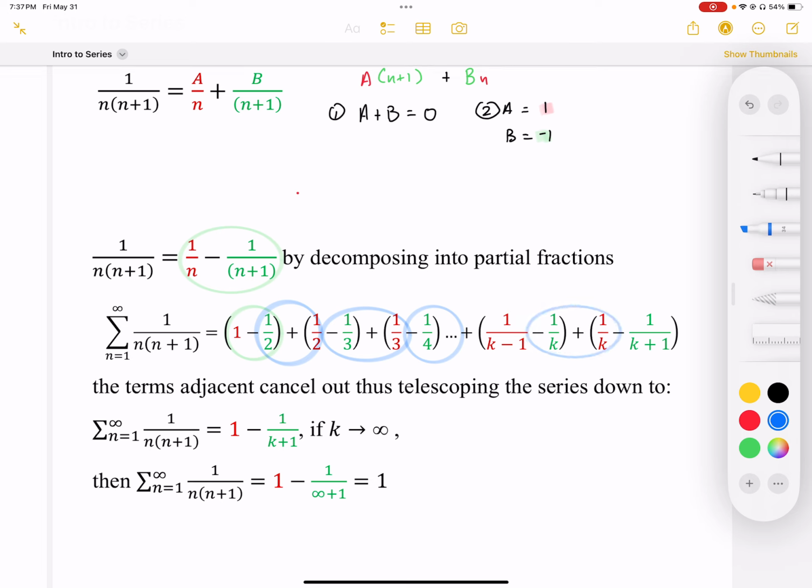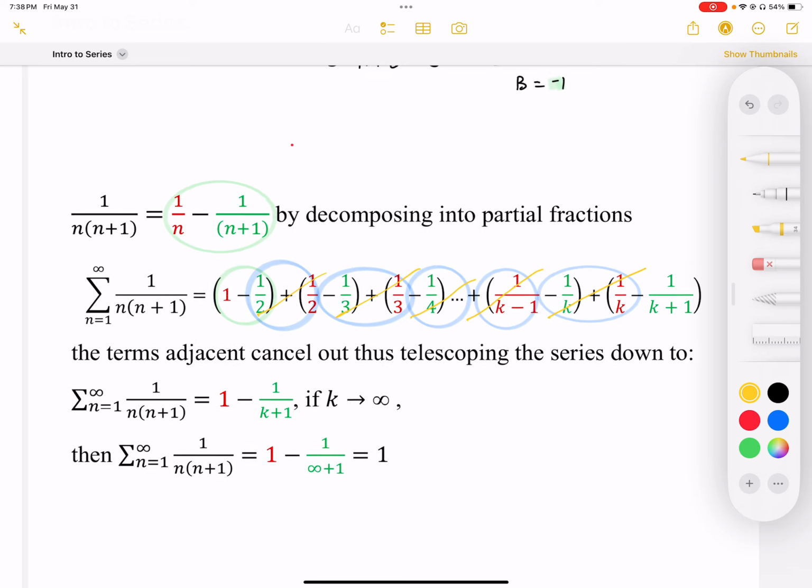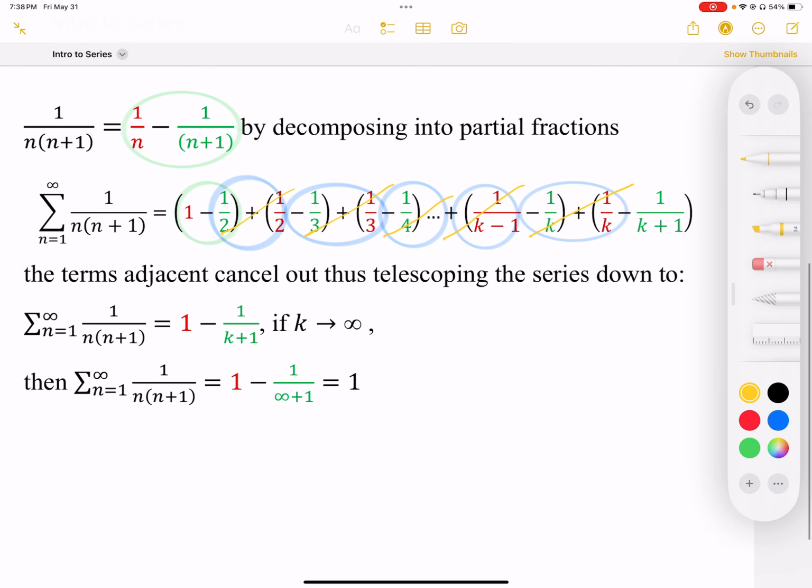So what ends up happening is all these terms disappear, and all we're going to be left with is the starting 1 minus the 1 over 1 plus k. Then we can let k go to infinity, and we're just going to end up with a sum of 1.